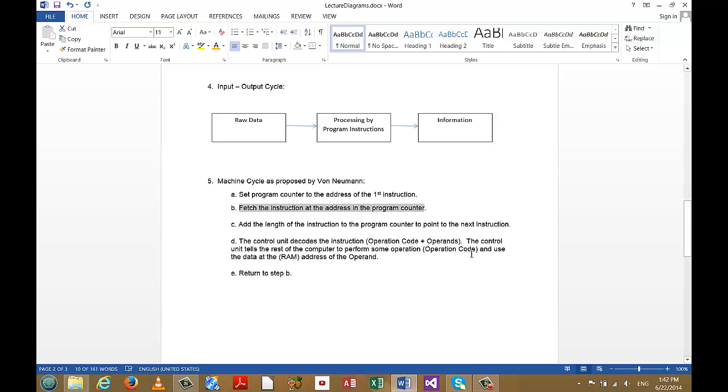That instruction will consist of a series of ones and zeros. That instruction that is fetched will be put into another register called the instruction register.